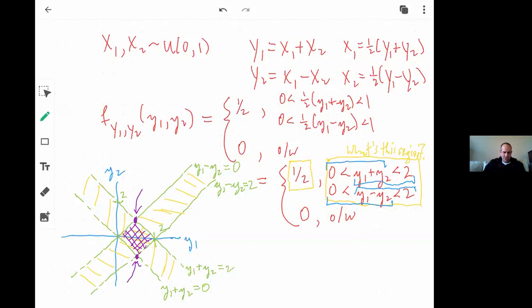Well, the upper one is basically the point 1, 1, correct? Because 1, 1 satisfies y1 plus y2 equals 2, 1 plus 1 is 2. But it also satisfies y1 minus y2 is 0. So this is the point 1, 1. And by the same token, this is the point 1, minus 1.